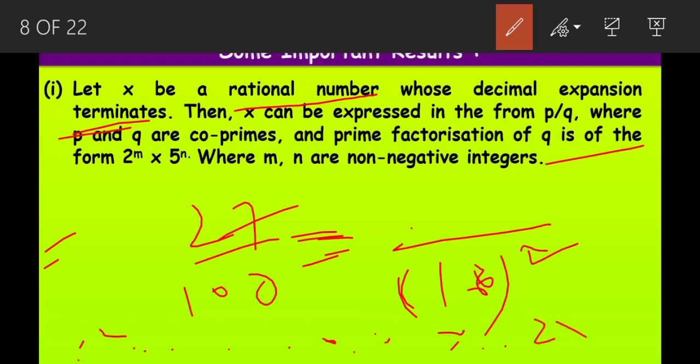If we take square for both the numbers, we can write it as 2 square, 5 square.